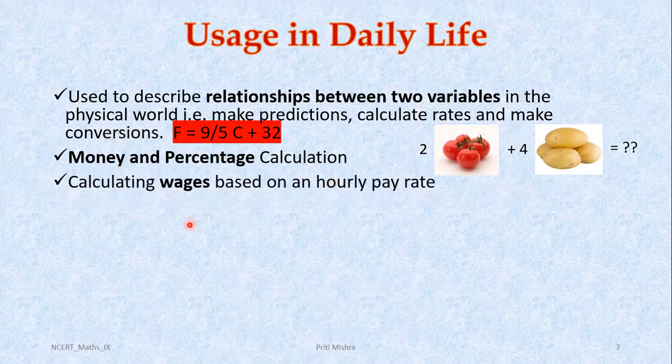Then in calculating wages based on an hourly pay rate, if a person is working on an hourly basis, then he can calculate his income easily in terms of linear equations.